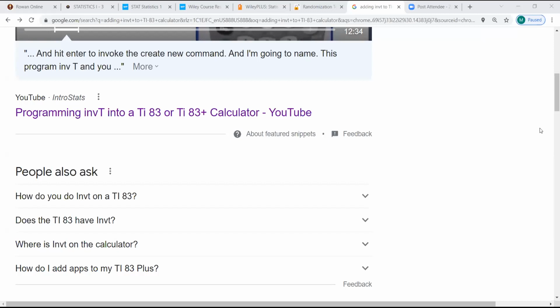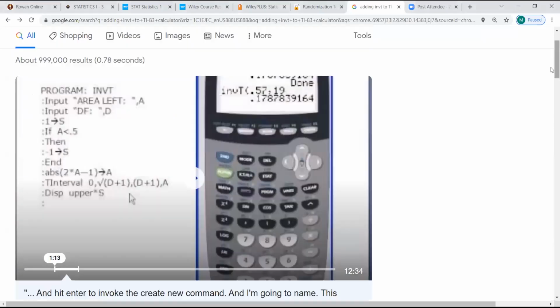Basically, to find this, you would type into Google something like: program inverse T, INVT, for TI-83 calculator. Then one of these videos will pop up.